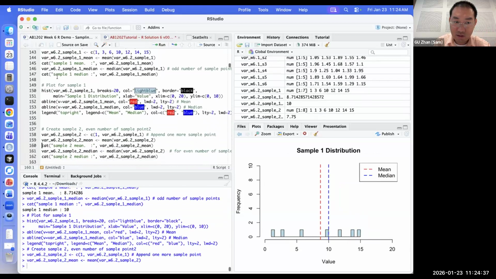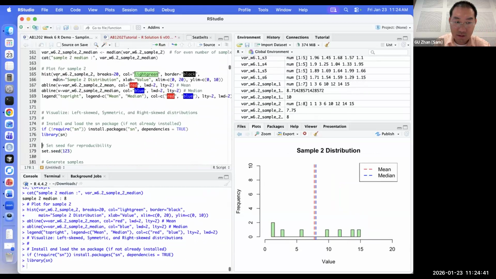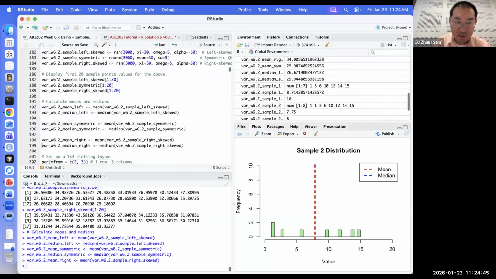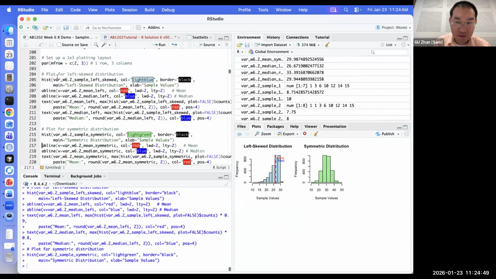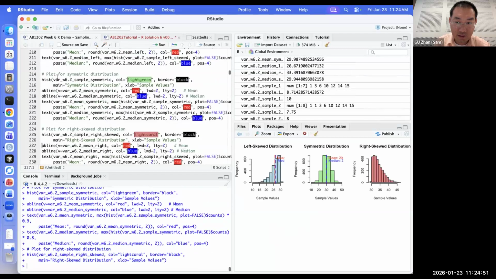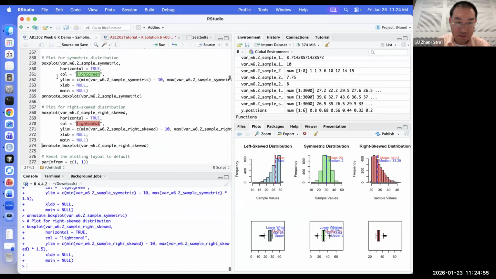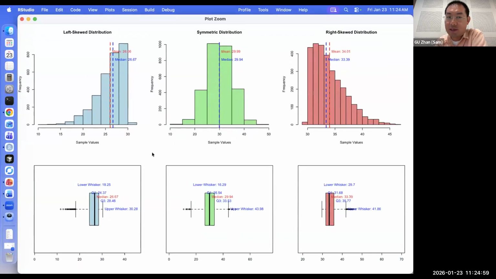Distribution and plot of sample 2, mean and median plot of sample 3. Here we are showing you right skew, left skew, and their corresponding box plots. Again, this is simulated data.